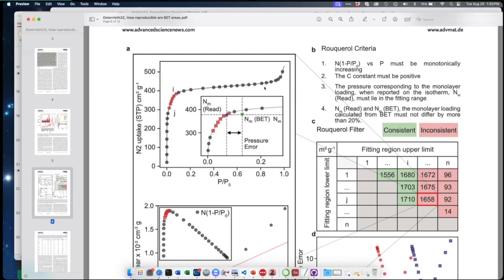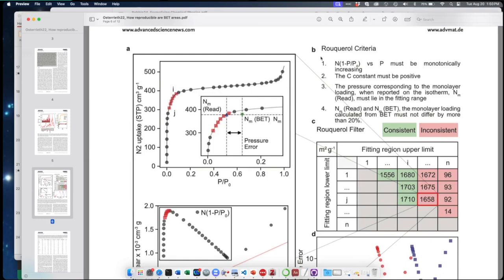And if you decide that I'm going to discard all of these gray points, then I have the red points remaining. And the red points are going to be what form my data set for doing linear regression. How do I decide what points are going to be red and what are gray? How do I decide which points to include?